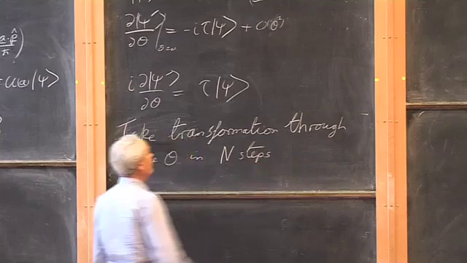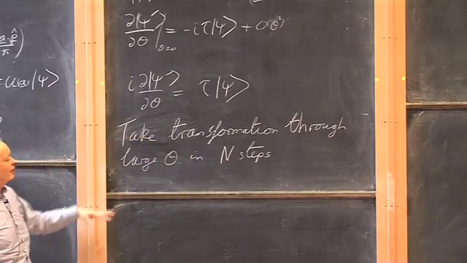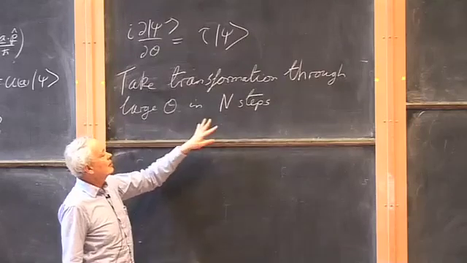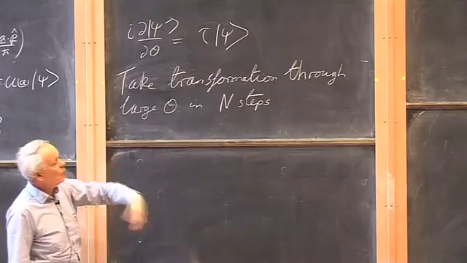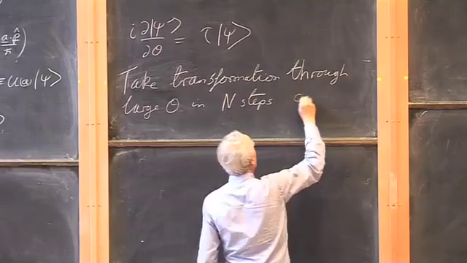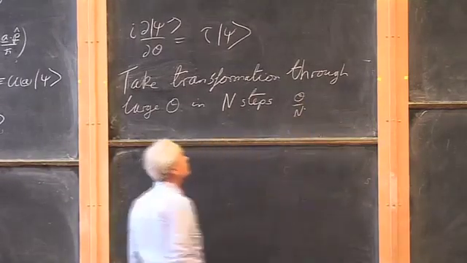So if we are told to find out what u is for a large value of theta, the way to go is to make many transformations, one after another, through small steps of length theta over n.